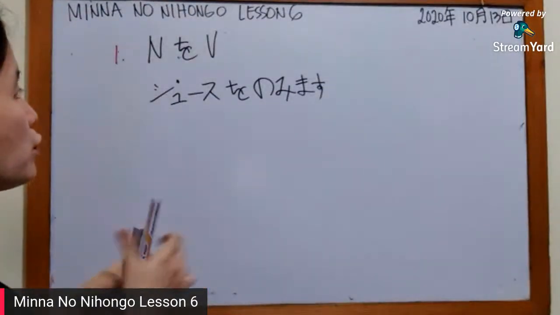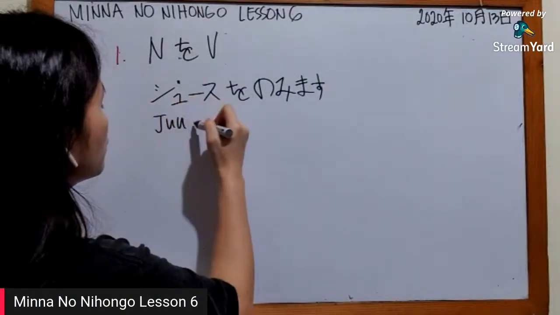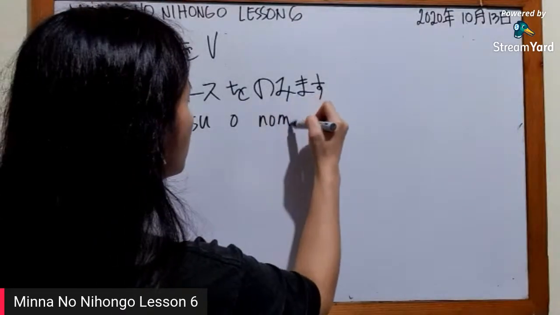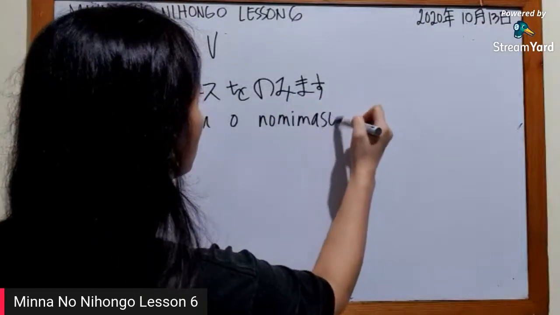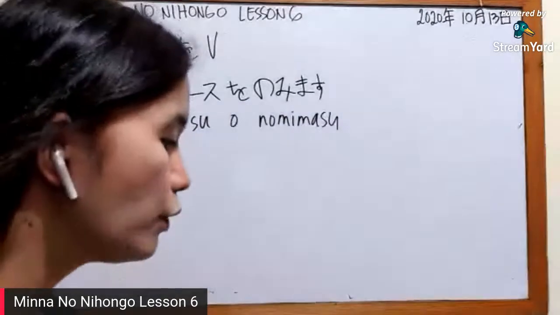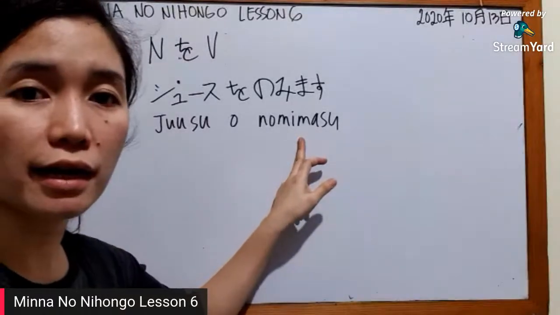So this is juusu o nomimasu. Juusu. Okay. Meaning to say, this nomimasu is the verb for drink.